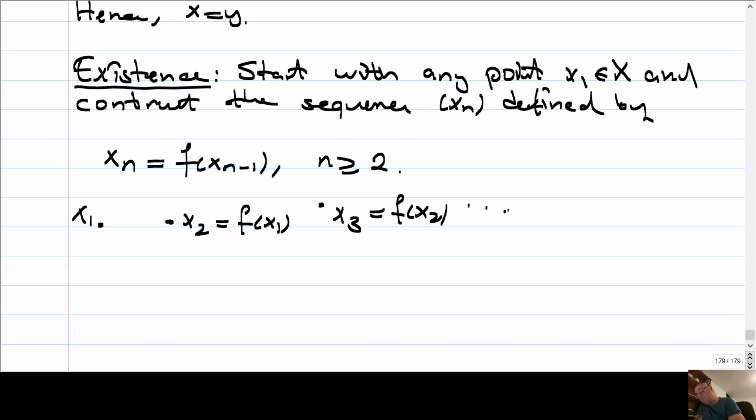Okay, so claim: x_n is a Cauchy sequence.